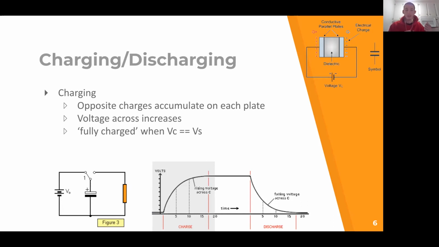So if you're applying 5 volts, when it is fully charged, it'll have 5 volts across it. When it is fully charged, no more current can pass through it, so it essentially stops the flow of current and is capped out at that 5 volts.